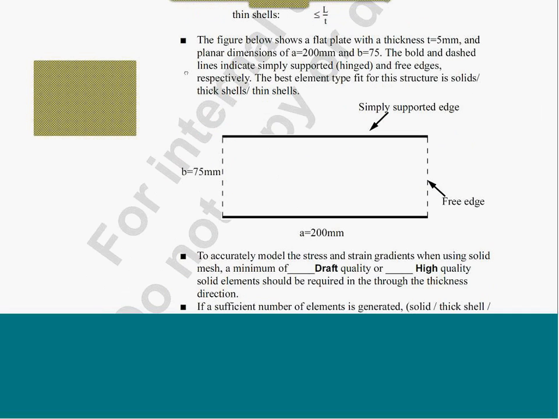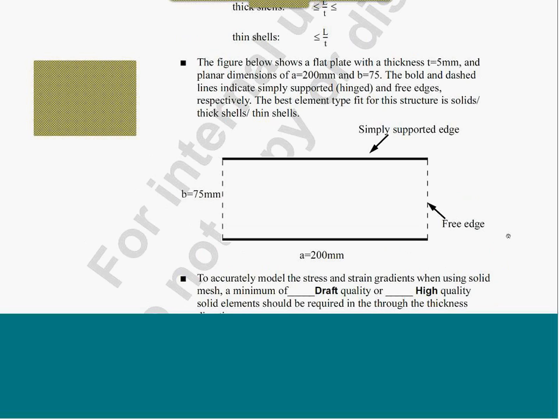This is a simple straightforward question. So we have 200, we have 75. Simply supported edges, free edges, 200. Thickness is 5. Dotted and dashed lines indicate simply supported, hinge and free edges.